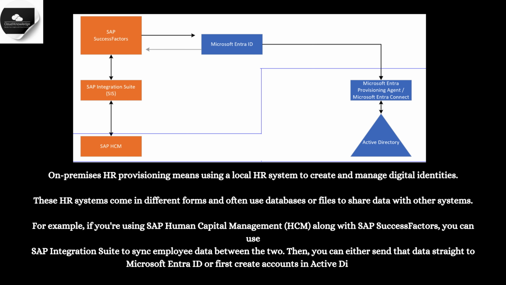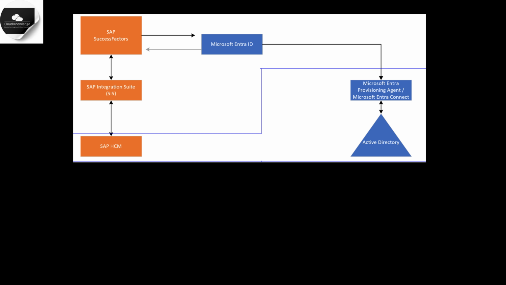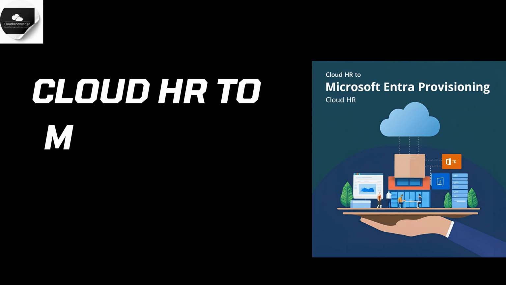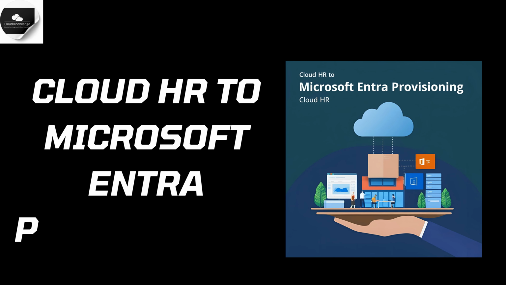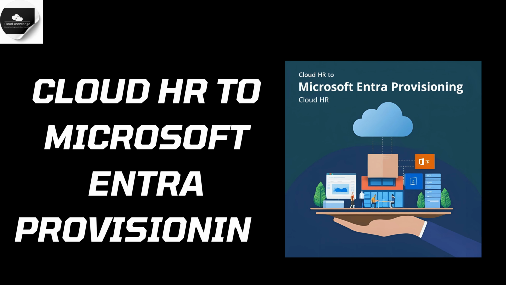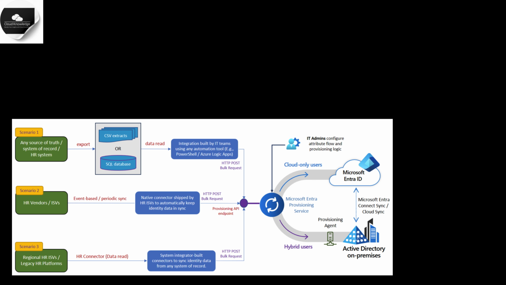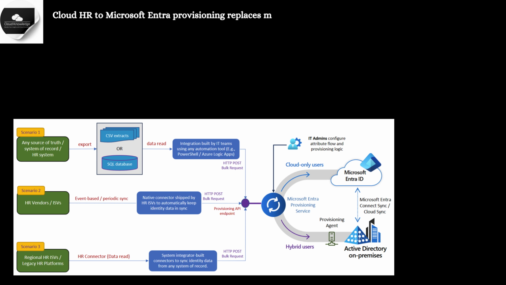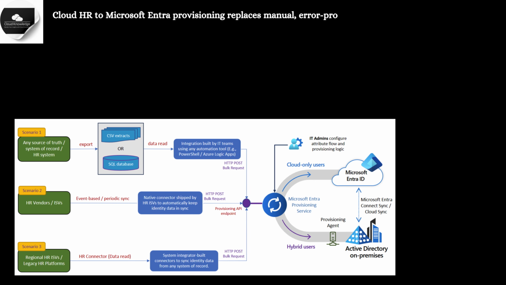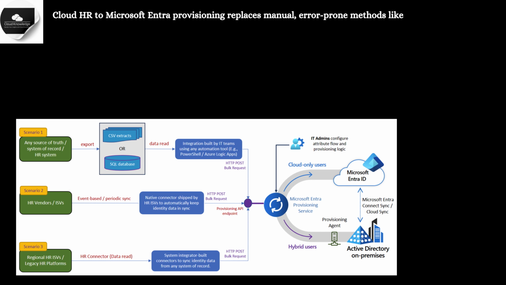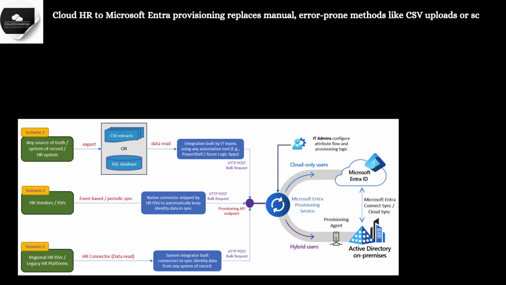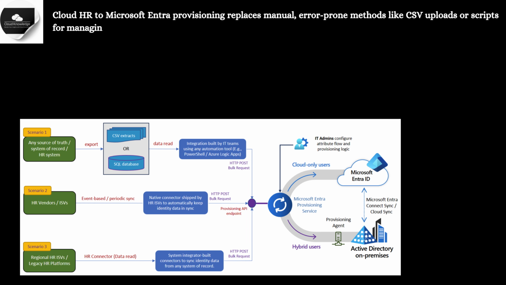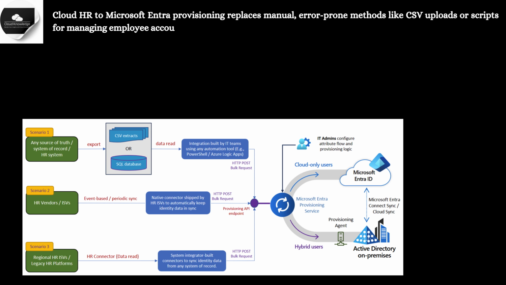Now we will see what Cloud HR to Entra provisioning is, or how we can provision cloud HR system users towards Entra. This is where things get really smart nowadays. Cloud HR to Microsoft Entra provisioning replaces messy, error-prone methods like uploading CSV files or running manual scripts to do the syncs.